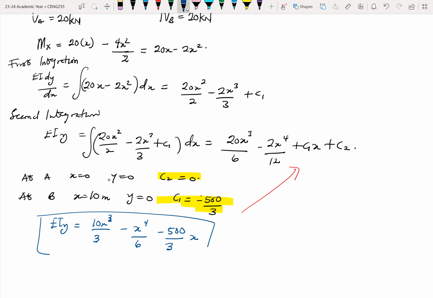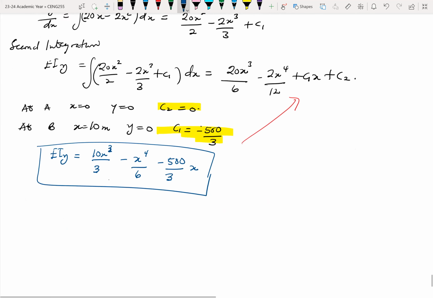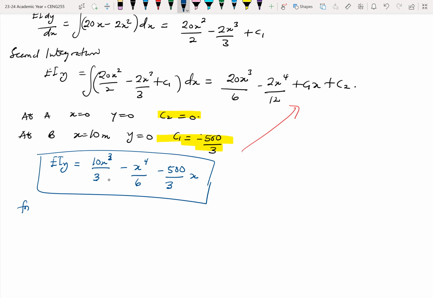So here's your equation for finding the deflection along the entire length of the beam. Okay. So for C, our x is equal to what? L over 2, which is 5 meters.